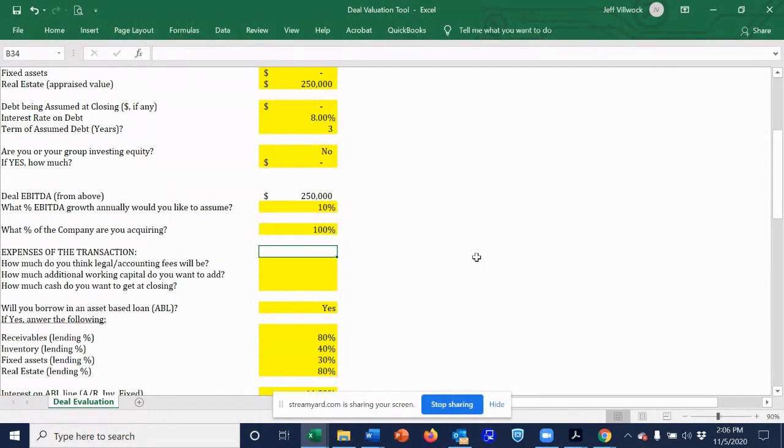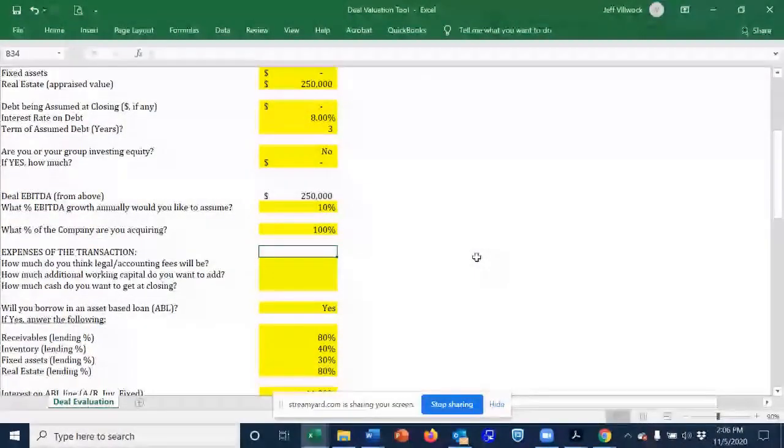The spreadsheet will give you an idea if you are buying a smaller piece of it. But really, to get the valuation right, normally I just put in 100% anyway, and then figure out, okay, I'm going to buy 80% of the business, but I want to know what 100% of the business is worth. Okay, so 100%. Next 3 questions here are about expenses.